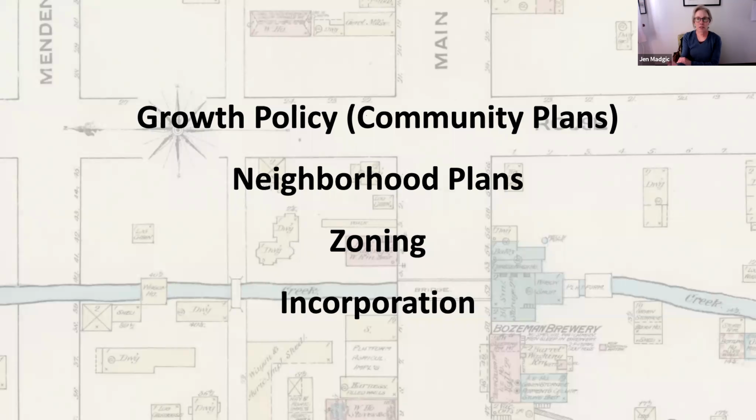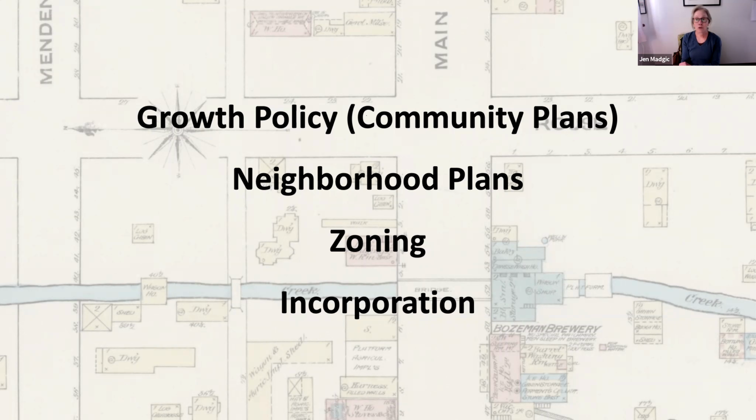And just quickly to go back, we're talking about a planning tool. Neighborhood planning is a type of planning tool, as are growth policies or community plans. Zoning is yet another planning tool. I've added incorporation here because it is pertinent as far as Gardner is concerned.